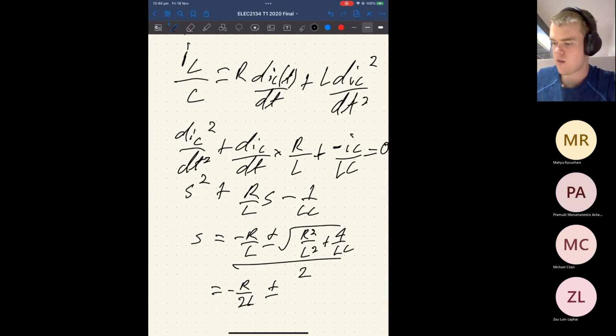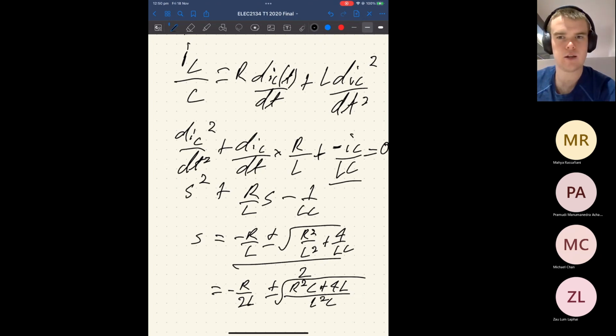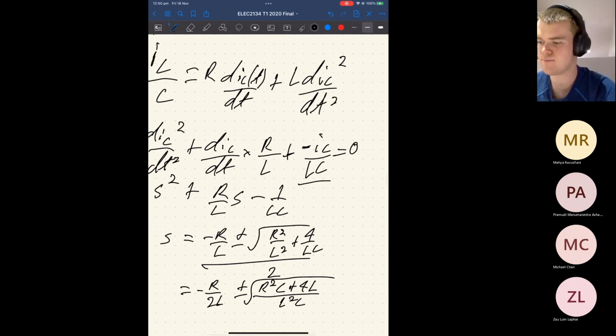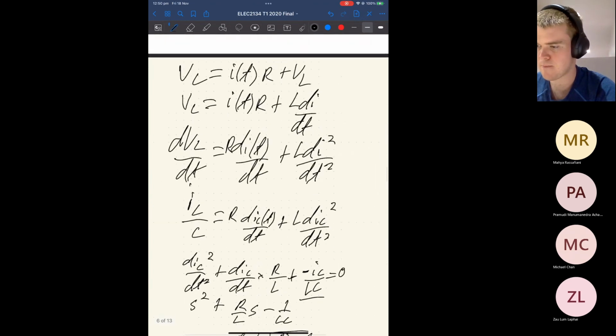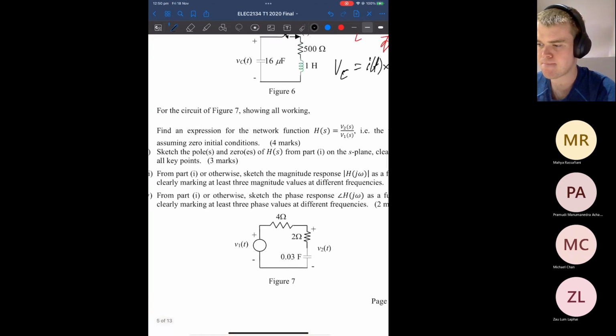All right, plus or minus this R²/L². Is that correct? Could someone please check for me? Could be.